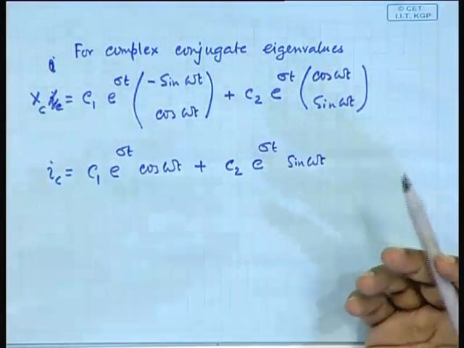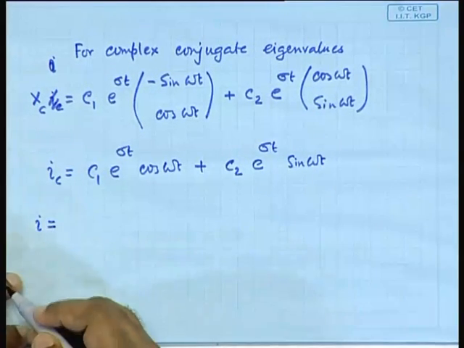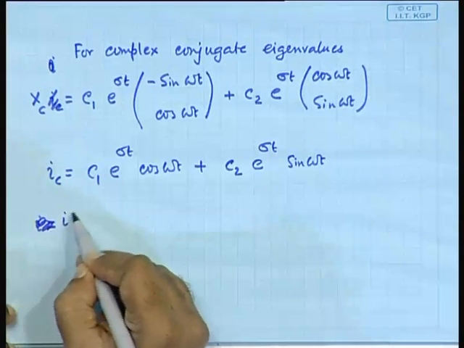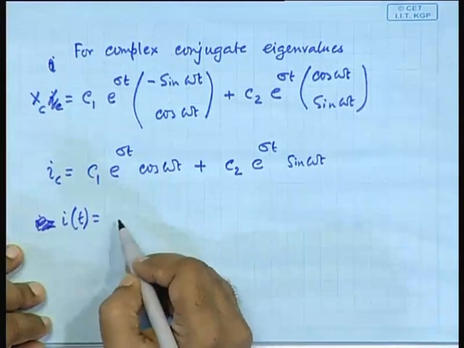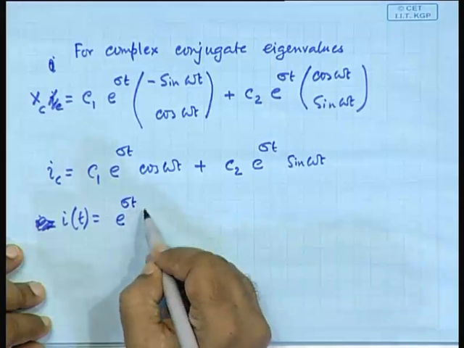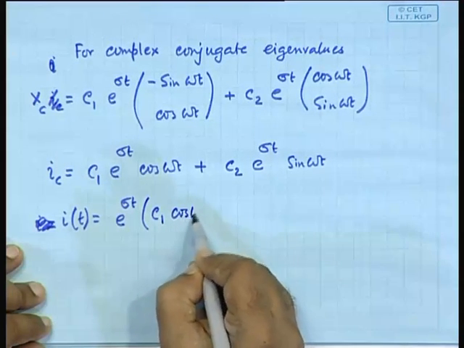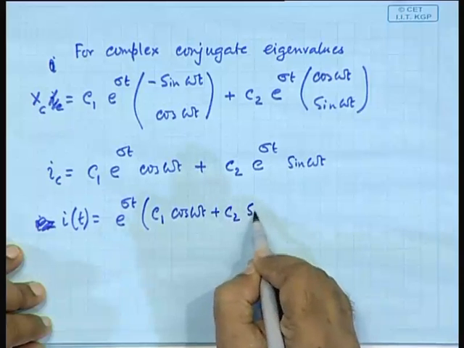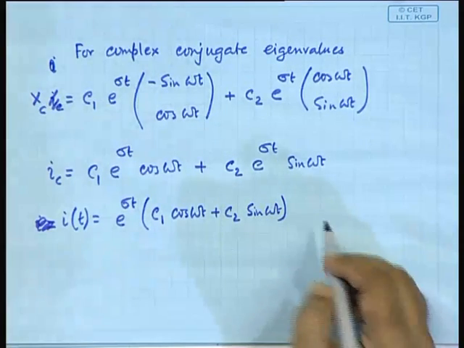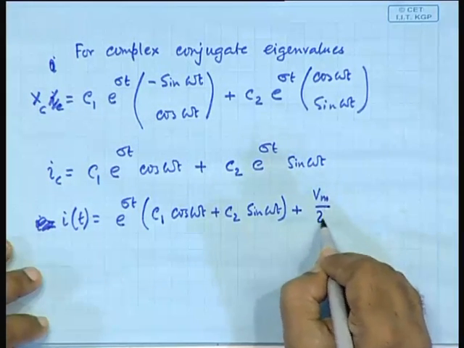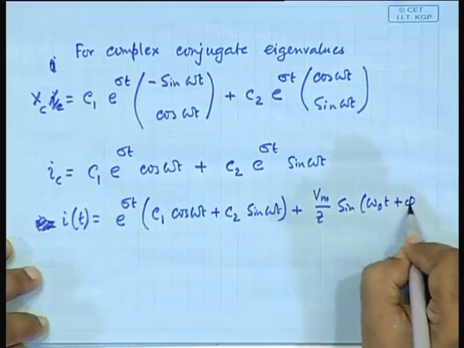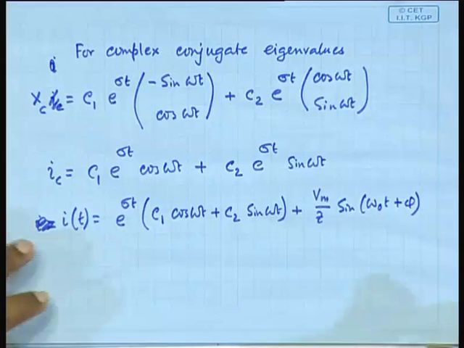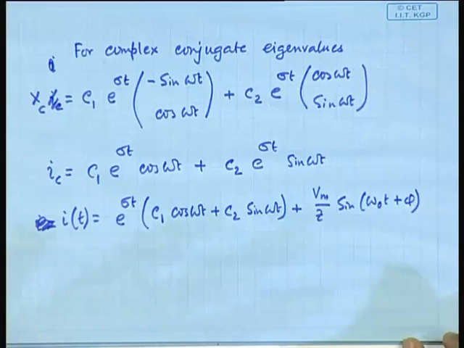So, the total current I as a function of t will be the addition of these two. So, first it is e to the power sigma t, C 1 cos omega t plus C 2 sin omega t, plus V m by Z sin omega naught t plus phi. That will be the complete solution.